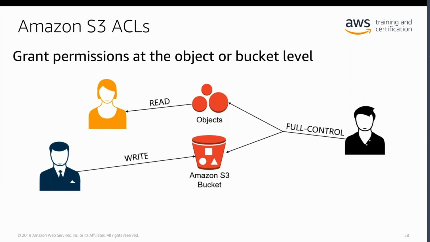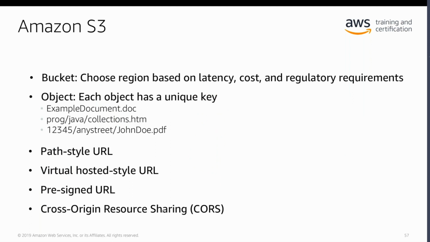When you want to share an object, rather than making the bucket publicly accessible so that the entire world can see the object, the way to do it is through things like pre-signed URLs. Pre-signed URLs allow you to share a URL with some embedded credentials with your friend to get objects out of the bucket. It doesn't publicly expose the bucket, and the URL has an expiration time associated with it as well.